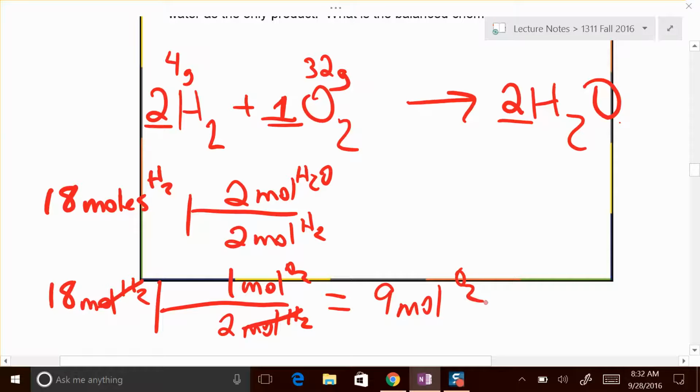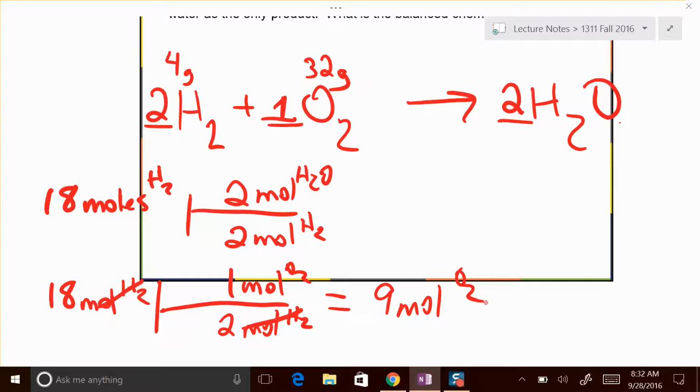So if I have 18 moles of H2, I need 9 moles of O2 to react completely with it. If this was a perfect reaction, if nothing was left over in excess. Okay? That would be a perfect reaction. And I would produce 18 moles of water from that. Okay? That's all there is to it. Very simple. Just knowing the ratios and being able to convert.